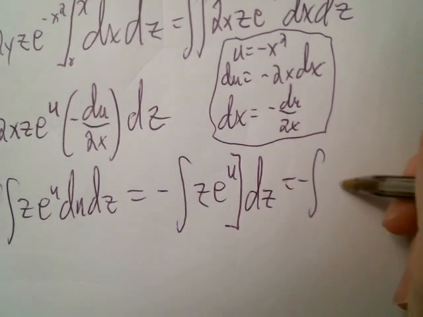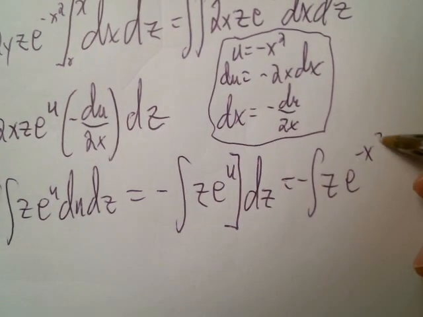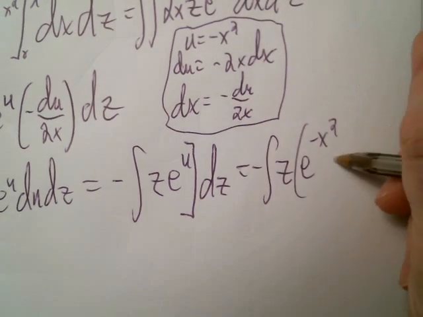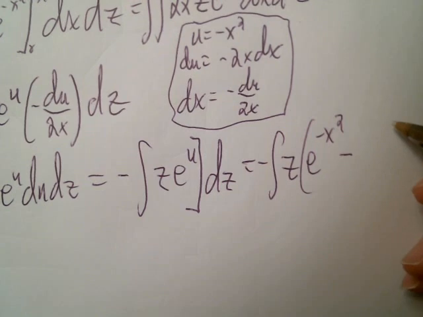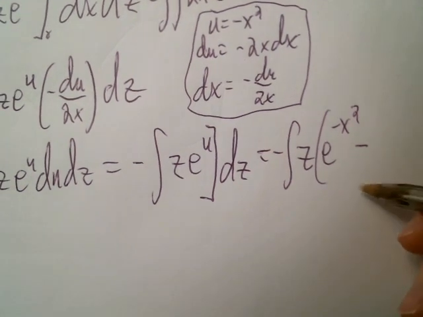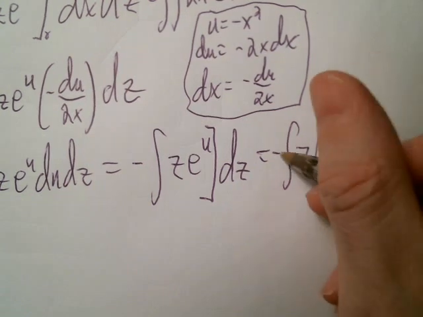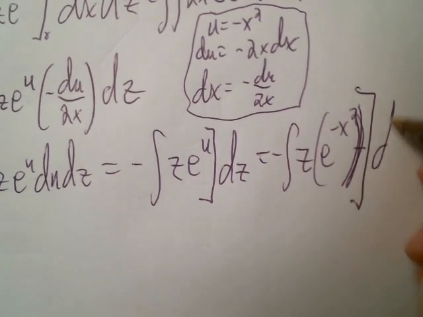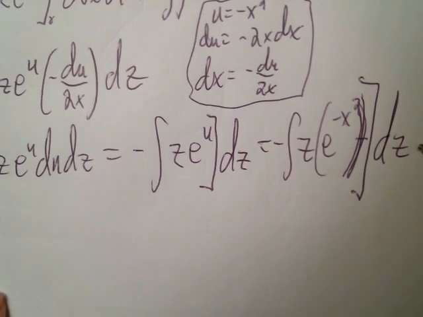So that would be negative integral z e to the negative x squared minus, you got to be a little bit careful. This time you actually have to subtract. So minus e to the, all right, so first I have to back sub. Sorry, let me just do one thing at a time. Back subbing, I get e to the negative x squared.